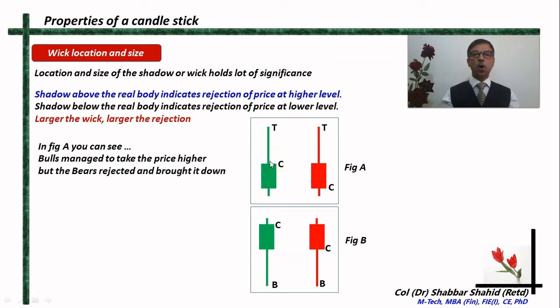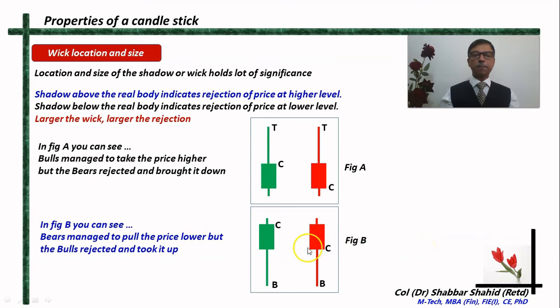On the other hand, in figure B, the bears have managed to pull down the price till this bottom. B indicates bottom. So the bears have managed to pull down the price right up to this point in the case of this green candle as well as the red candle. But at the lower end, at the bottom, the bulls rejected that price and managed to bring the price back up.